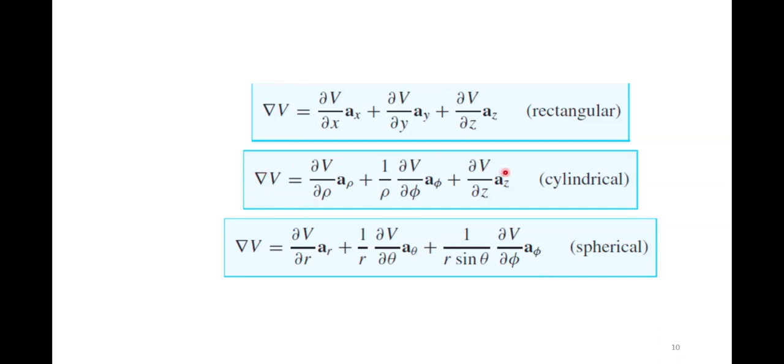This represents the gradient of scalar potential in cylindrical coordinate system, and this one represents the gradient of scalar potential in spherical coordinate system, and the above relation represents the gradient of scalar potential in rectangular coordinate system.